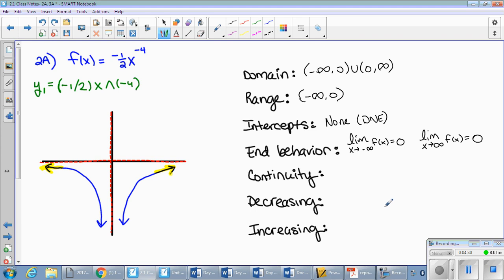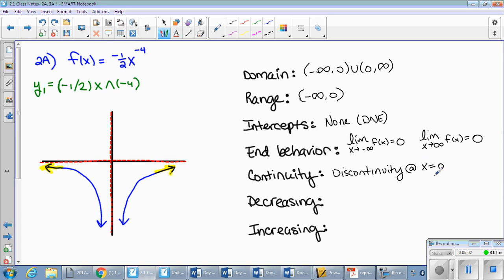Continuity. So we're looking for any holes or jumps over asymptotes in our graph, and we definitely have those. Remember, we're looking at our x values, our inputs. So here we're good. We jump 0, that's a discontinuity in our graph. So we have a discontinuity at x equals 0.